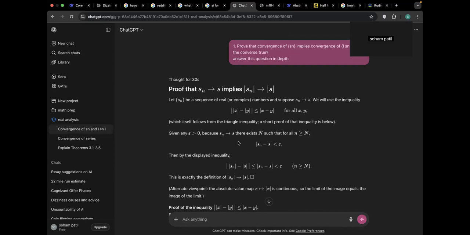As the solution states, let Sn be a sequence, and suppose Sn tends to S, that is the convergence point.